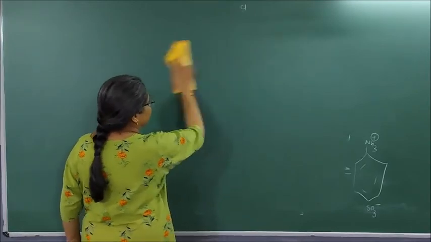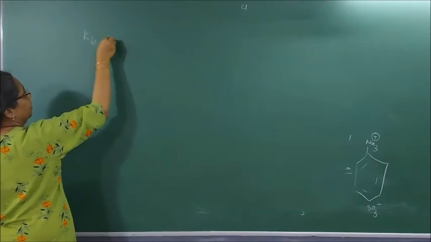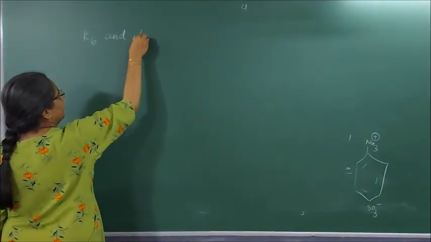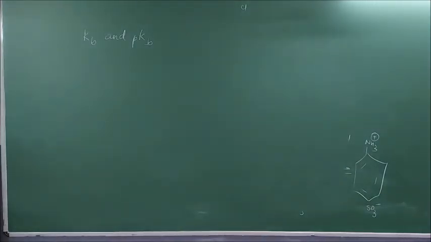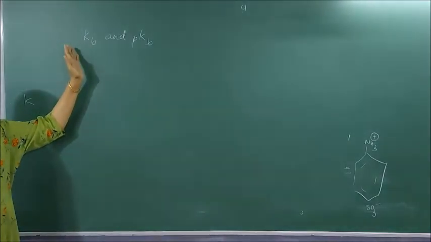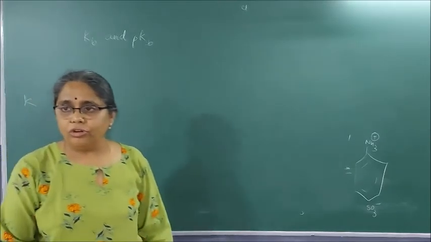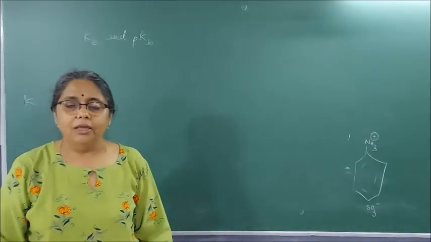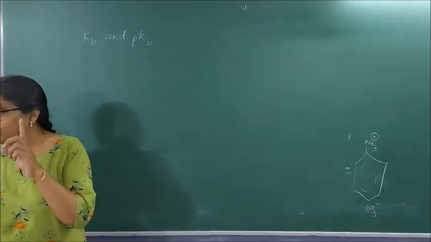What is Kb? Kb is the dissociation constant of a weak base. What is Ka? The dissociation constant of a weak acid. Because for strong acids and strong bases, the dissociation constant is always equal to 1.